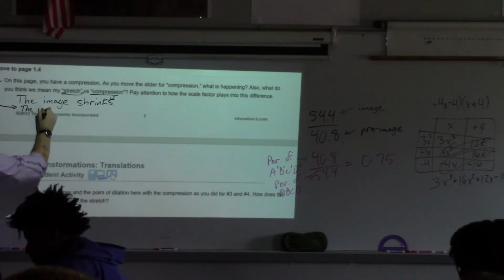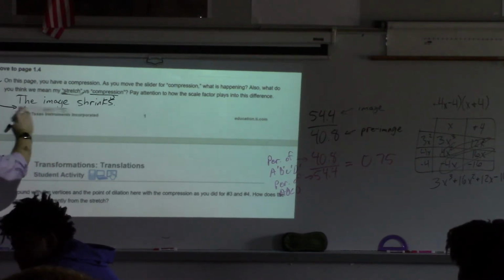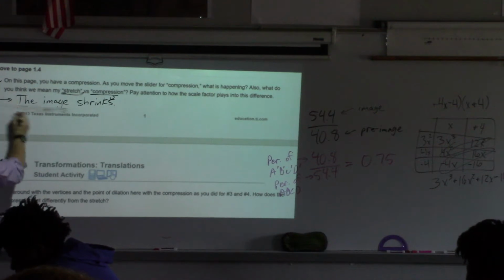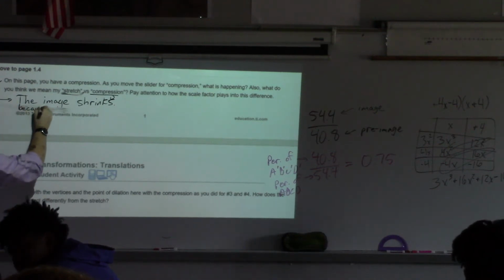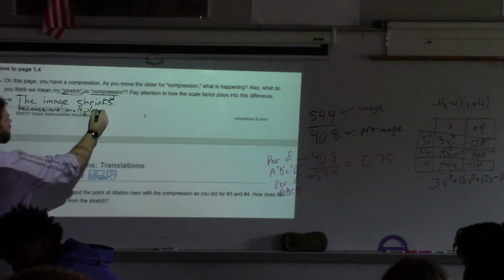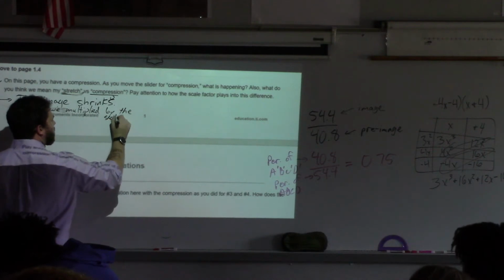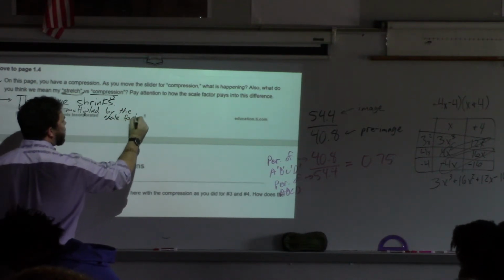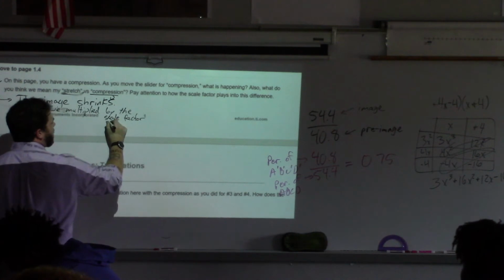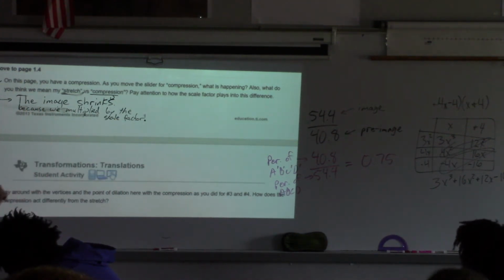The image shrinks because we multiplied by the scale factor. Jalen hit on a very important idea. What scale factors are shrinks? Values that are less than 1.